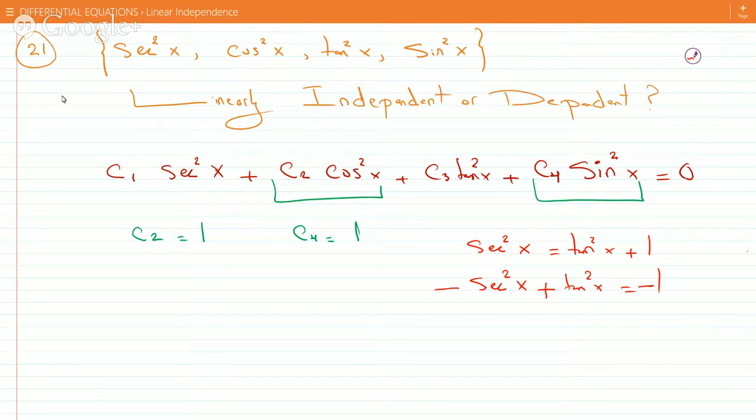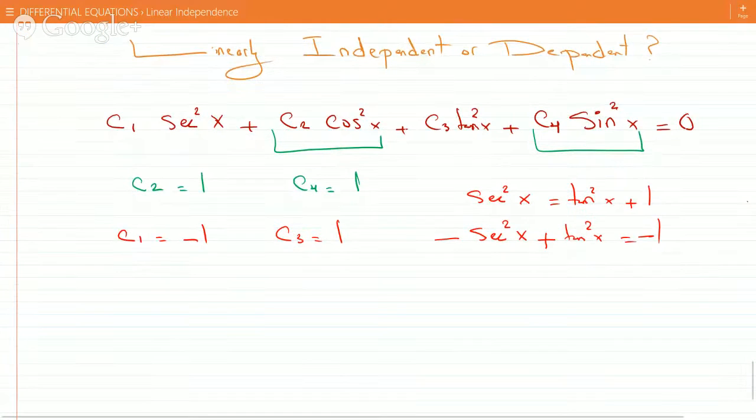Now, that means if I call the coefficient of secant squared x, which is C1, to be -1, and the coefficient of tan squared, which is C3, to be 1, those two will add up to -1. The sine squared and cosine squared will add up to 1, and therefore the sum will be 0. Because look what's going to happen now.